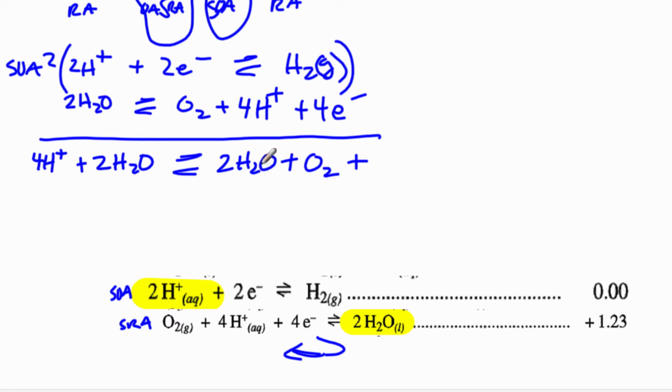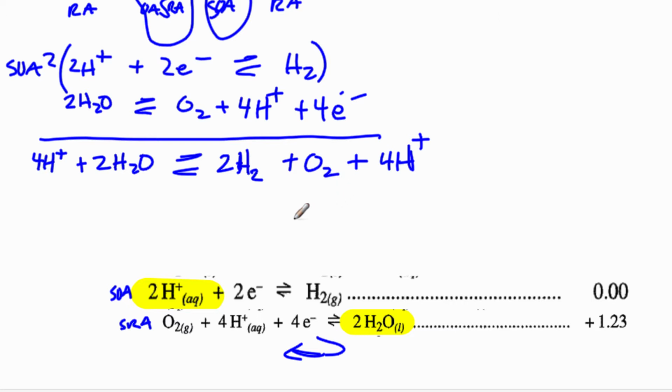What am I talking about? Anyway, it'll be 2 hydrogen gases. Gee, that would have been bad. Let's just erase that, just so I don't mess that up. And I'll fix that up there too. So 2 hydrogen gases, and so down here this is 2 hydrogen gas. Okay, O2 plus 4H plus and 4 electrons, but the electrons cancel.